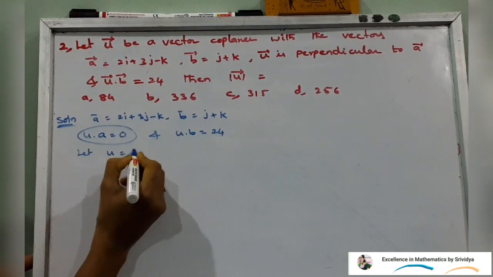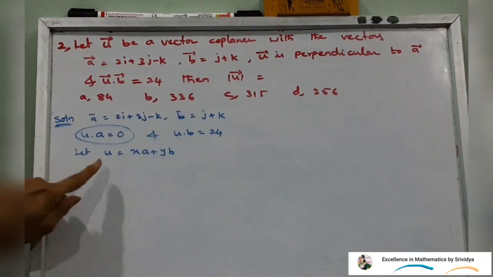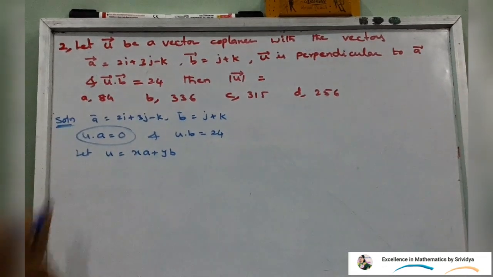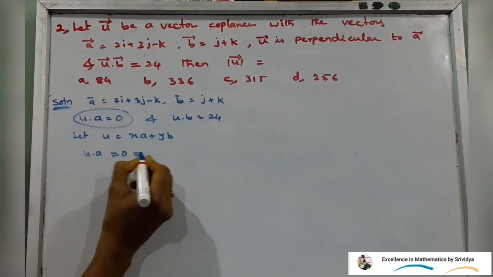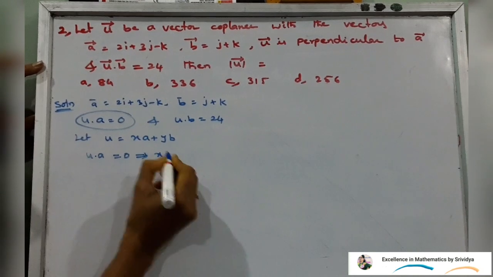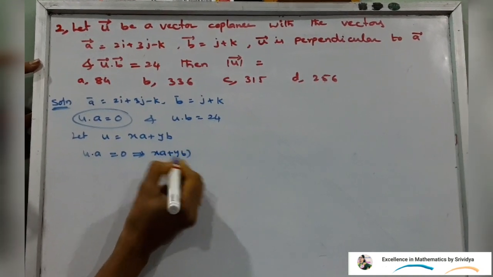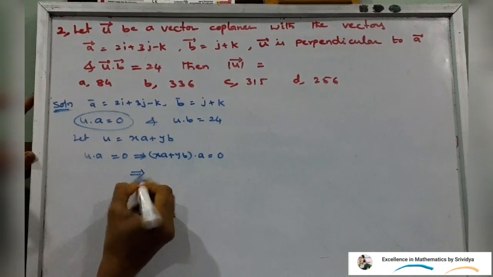Now let us take u is equal to xa plus yb. Now u dot a is equal to 0. From this, xa plus yb dot a is equal to 0.